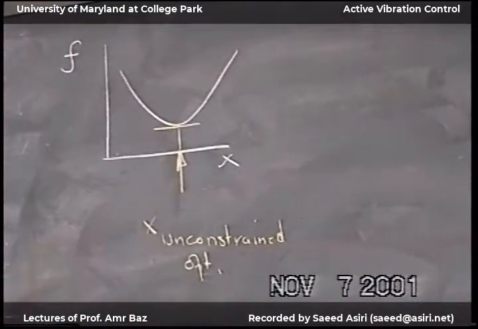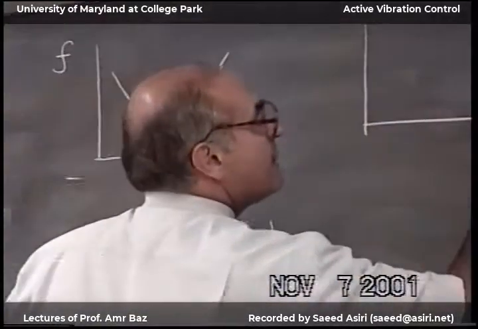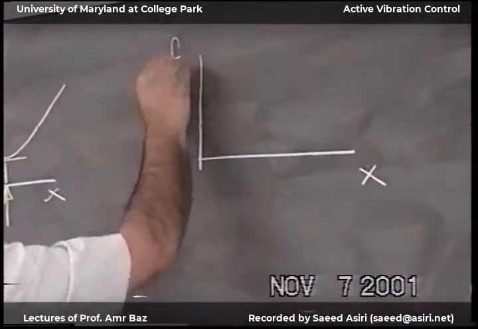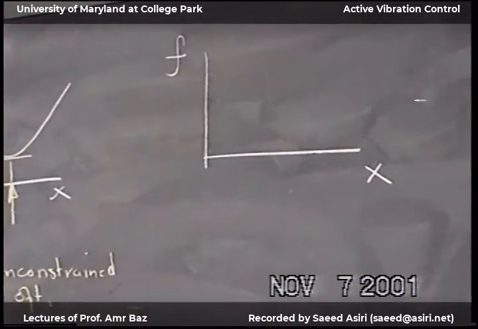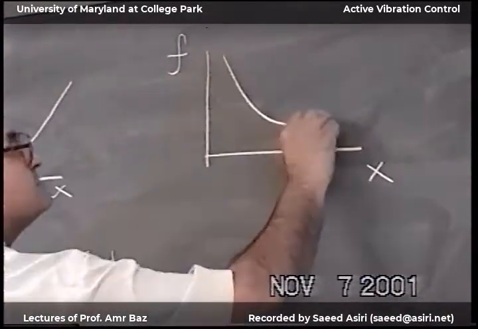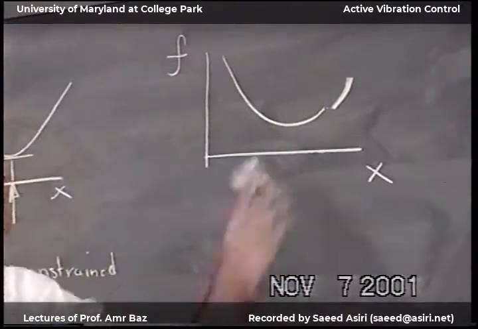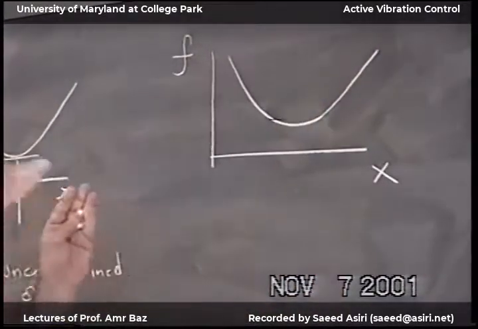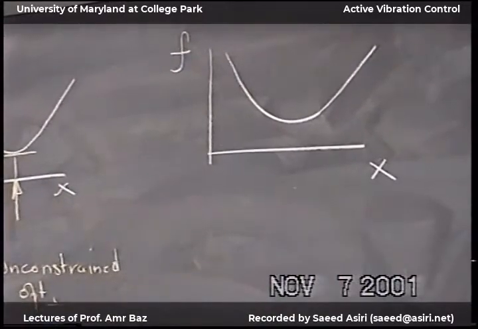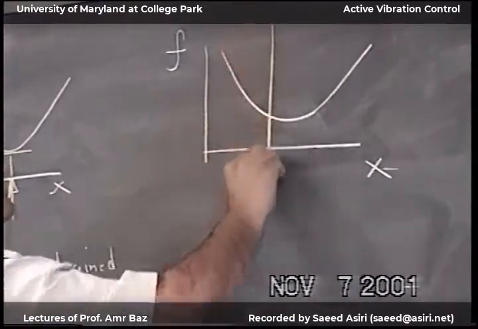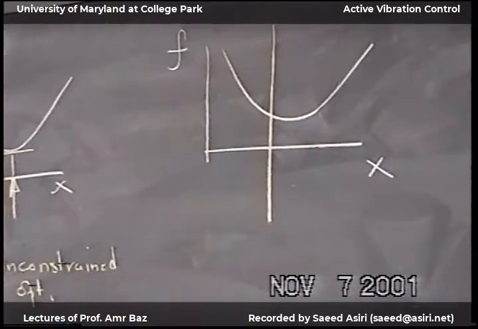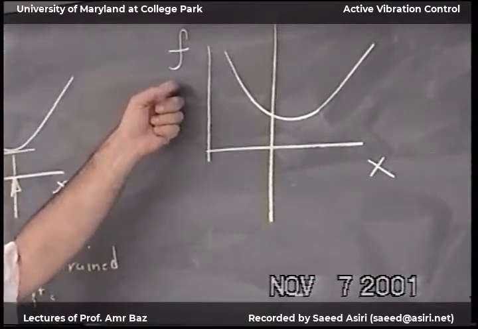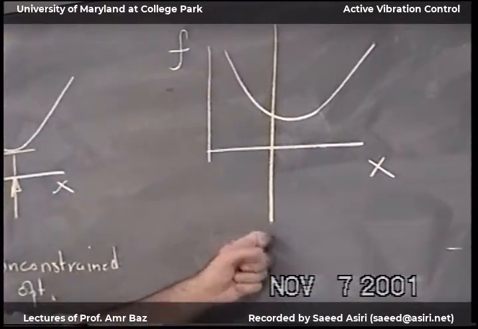But now if I take the same thing and instead of leaving this design space unconstrained, I'll impose, for example, a constraint here. And I say I want to find the minimum of this function subject to this constraint.